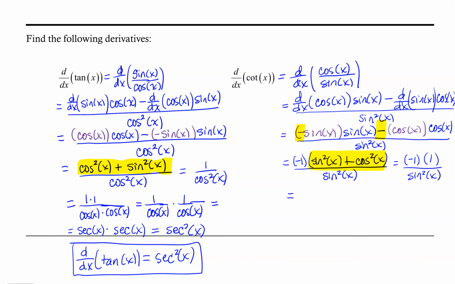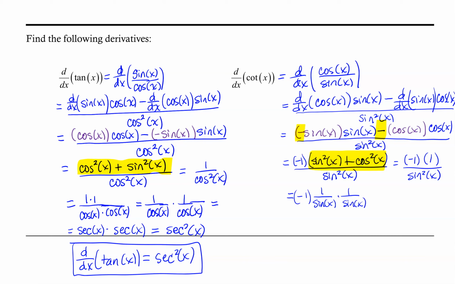Now we're going to leave this negative 1 out in front, and we're going to factor that 1 over sine squared of x. So we'll think of this as 1 over sine of x times 1 over sine of x.